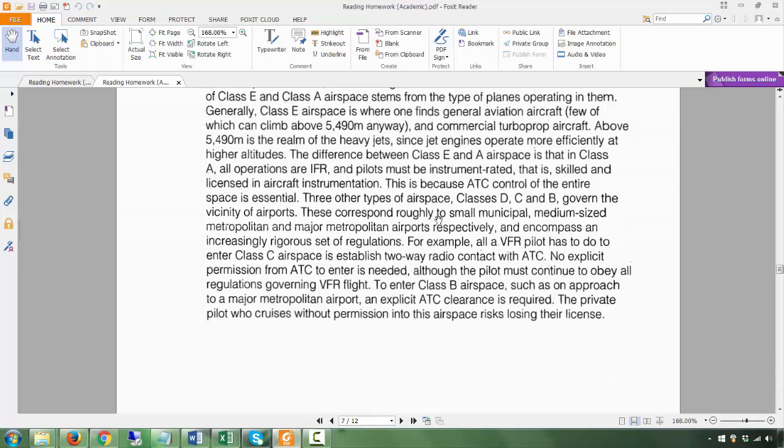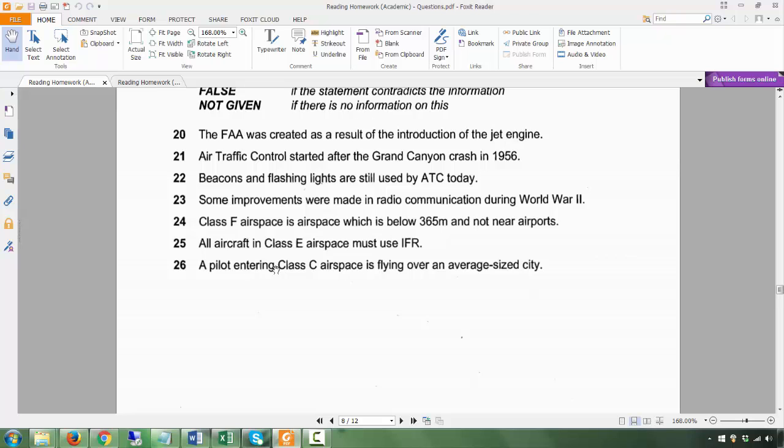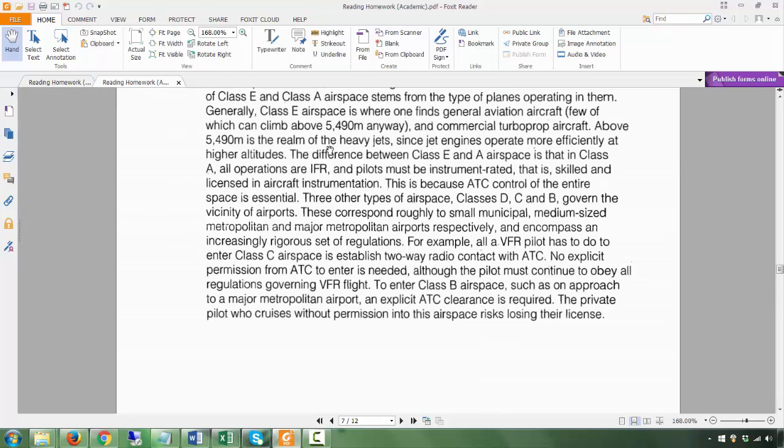These correspond roughly to small, medium, and major. So a pilot entering Class C airspace is flying an average size. Average would be medium, right? So D would be small, C would be medium, and B would be major. So C, that is true.